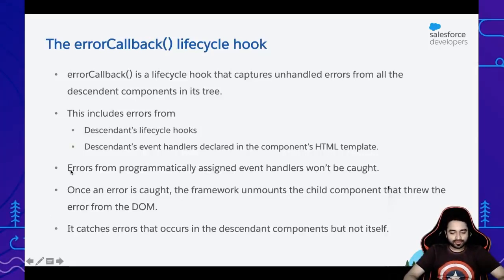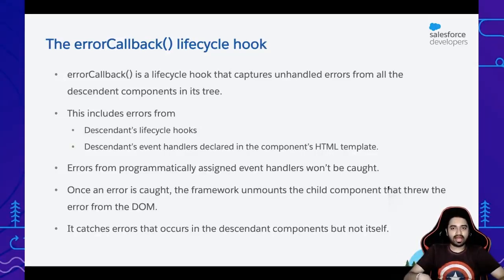Now, one thing of importance to note is that errors from programmatically assigned event handlers won't be caught. So if you have an on-click handler and you're adding that using button on-click and then giving a handler, error callback will work for that.